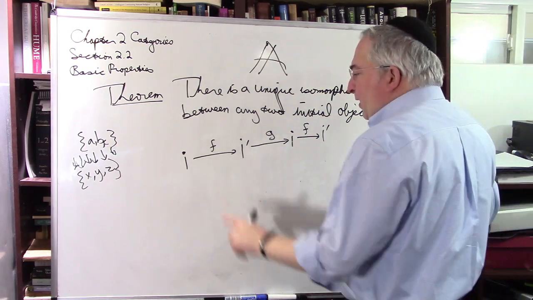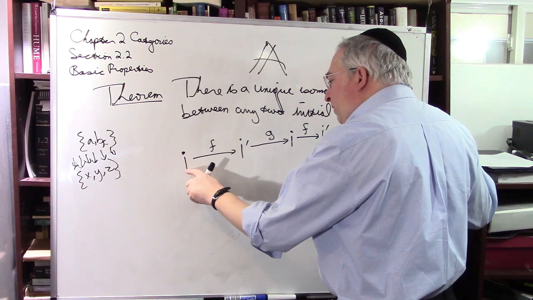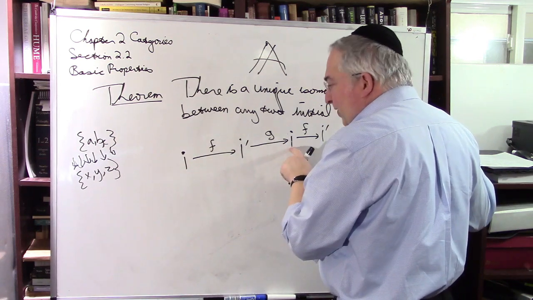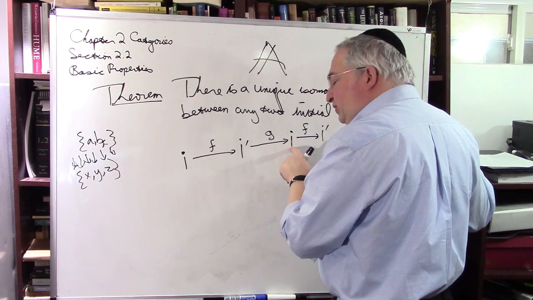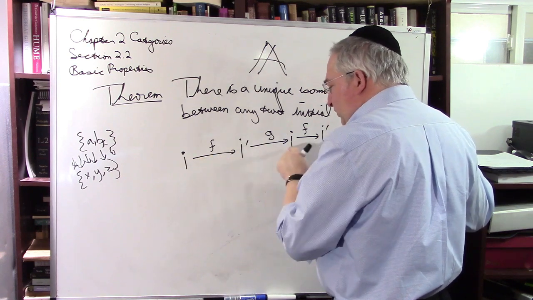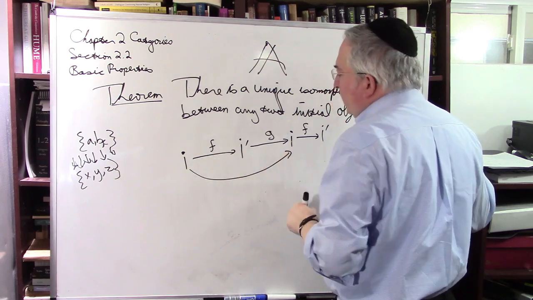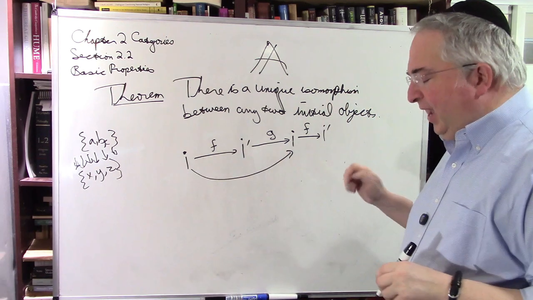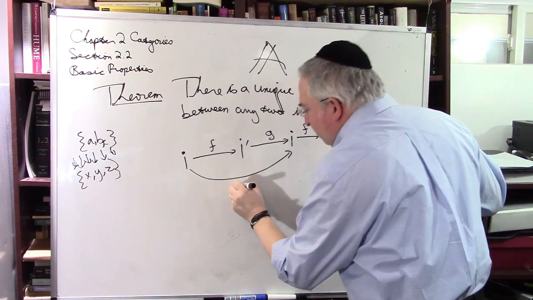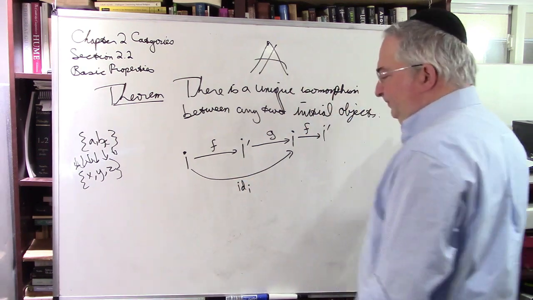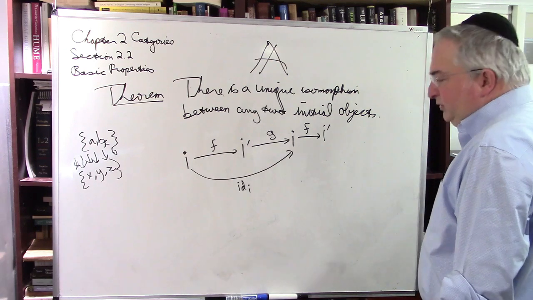Now, what about a morphism from I? I is an initial object. I is an object of the category. Well, there's a unique morphism from here to here. What should we call that unique morphism? Oh, well, I know every category has such a thing, so I'm going to call this the identity on I. Okay, so stop.